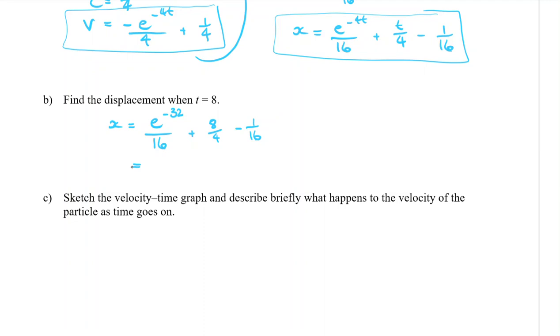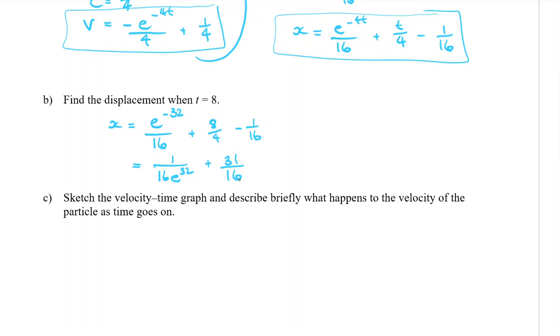So to leave it exact, I'm just going to leave the e to the negative 32 over 16. Oh, wait, I'm going to change that because I'm going to make it positive even: e to the positive 32 on the bottom. And then the 8 over 4 is 2. 2 minus 1/16 is, I've written down, thank goodness, 31 over 16.